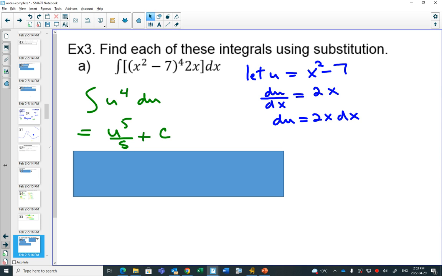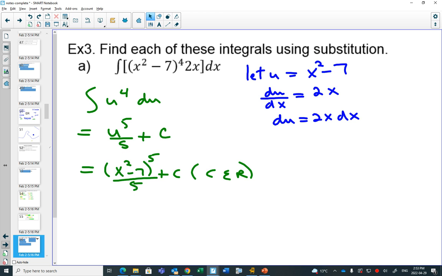We just have u to the 5 over 5 plus c. And now that we've figured our integral with respect to u, we can substitute back and be like, here's our final equation. It's going to be x squared minus 7 to the 5, all divided by 5, plus c.